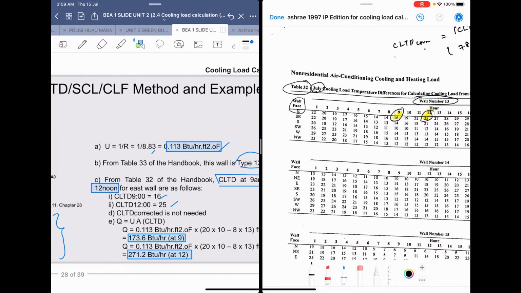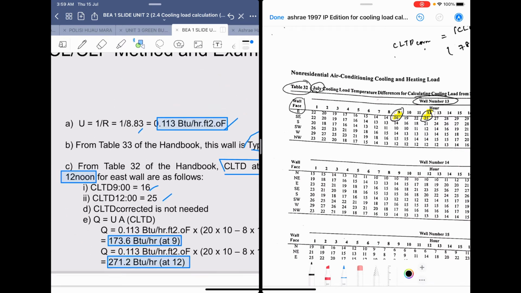The CLTD correction is not needed because these ASHRAE tables are intended for 40 degrees north latitude and July 21st. So this is the reference. When the location is at the reference, we don't need to do the CLTD correction.